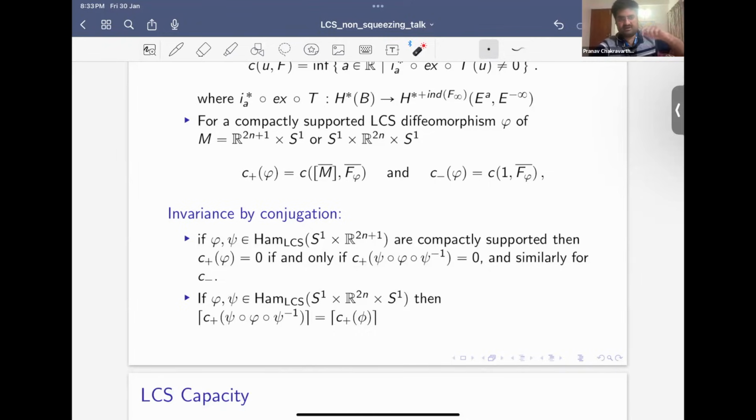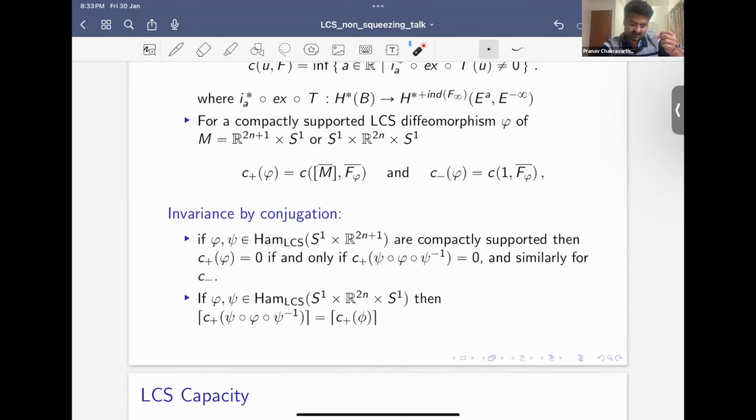However, if the time shift is equal to 0, then those correspond to fixed points. And so the fixed points of the original map go to the fixed points of the conjugation. So I can expect that to be preserved under conjugation.